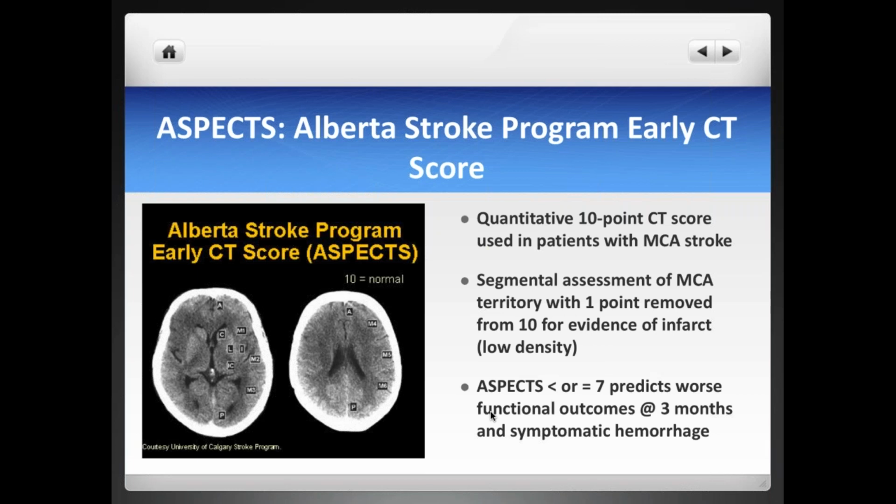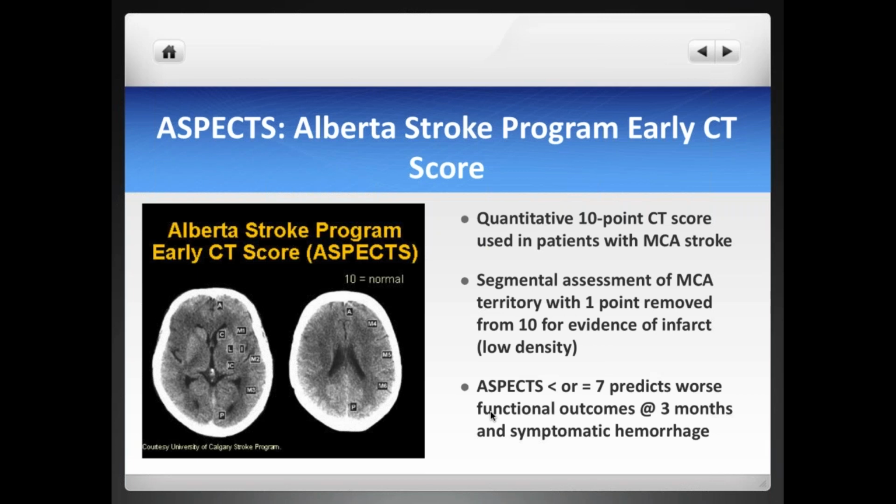after the stroke. What this translated into was a lot of studies suggesting that patients with an ASPECT score below 7 would not have many benefits from endovascular thrombectomy.